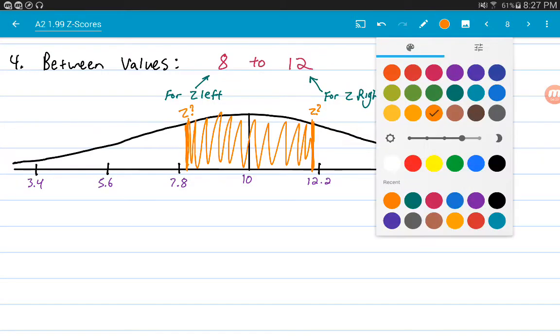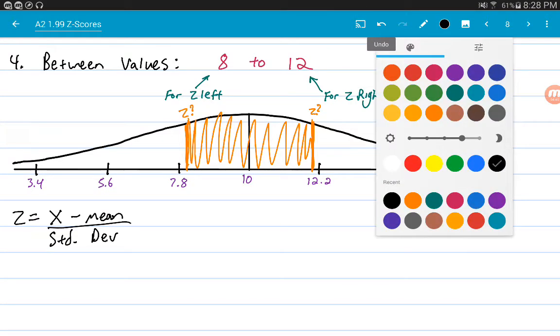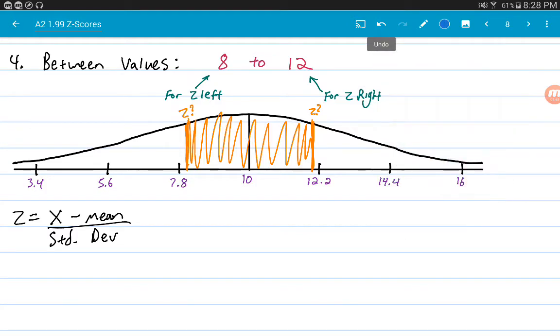So here's the formula, just a reminder. Z is equal to x minus the mean over the standard deviation. For 8, I'll do this one in blue.